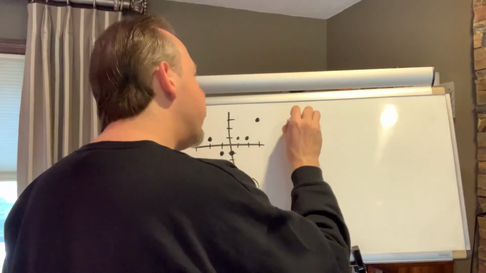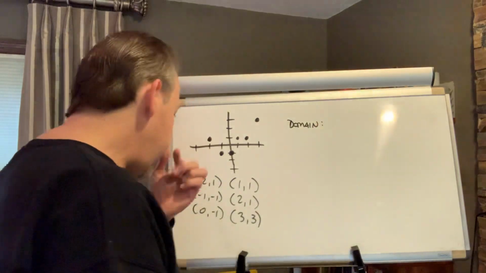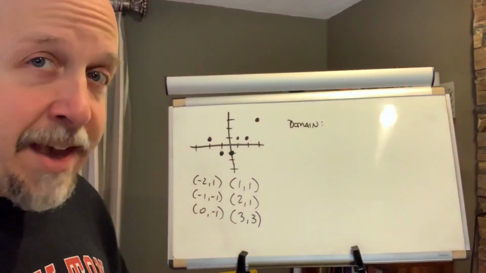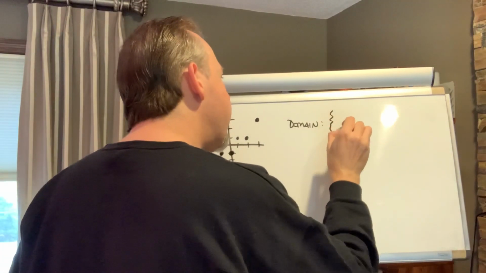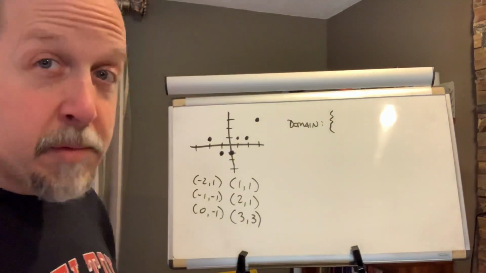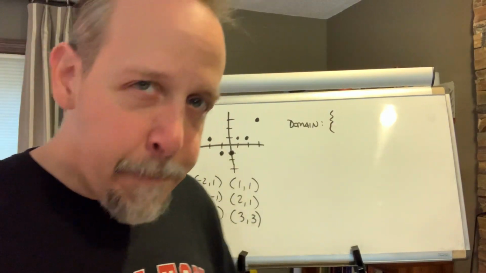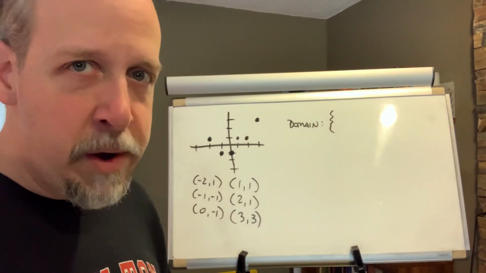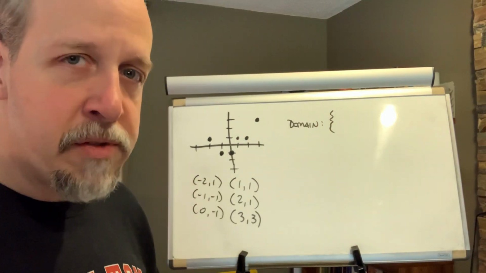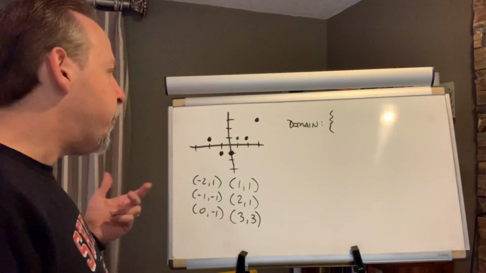I want to list the domain. So the domain is just the set of all the x values. We're going to use this little squiggly bracket, and we're going to list all the domain values one at a time. But if the domain ever repeats itself, we won't list it twice. Same thing with the range. If there's more than one of the same value, we won't list it twice. So usually we go from least to greatest.